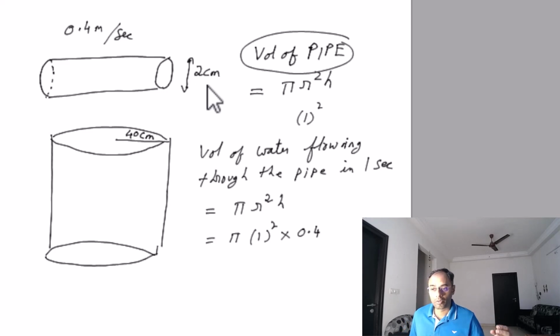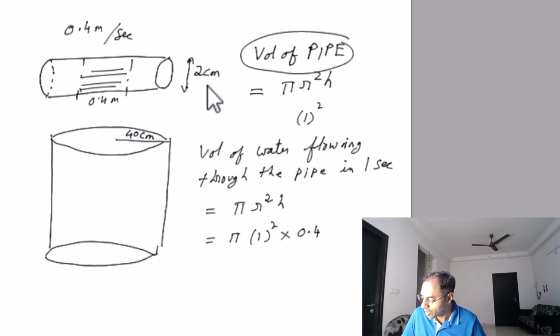So it is flowing. So it's like in 1 second, supposing this is 0.4 meters, right? 0.4 meters. So in 1 second, this much water is flowing through the pipe. We can assume or we can imagine it from that perspective. It's not exactly what I'm showing here, but yeah, we can imagine it this way.